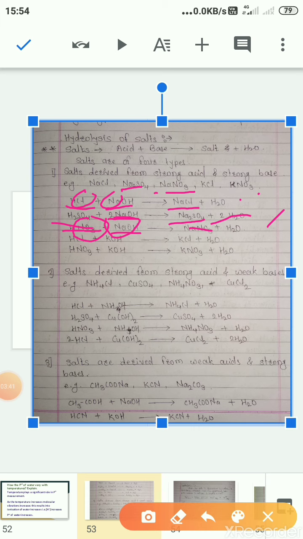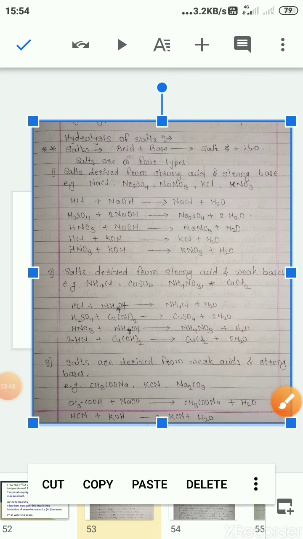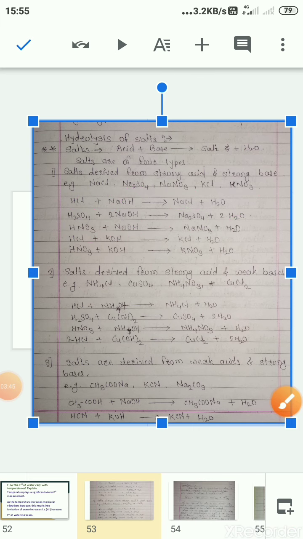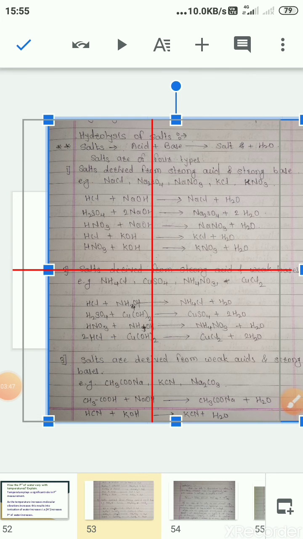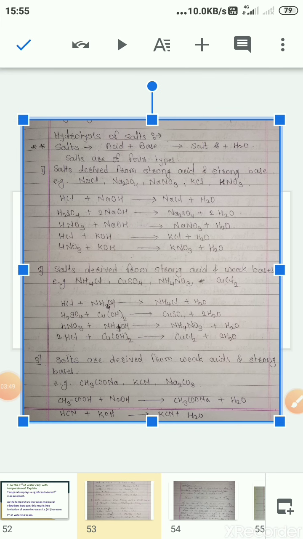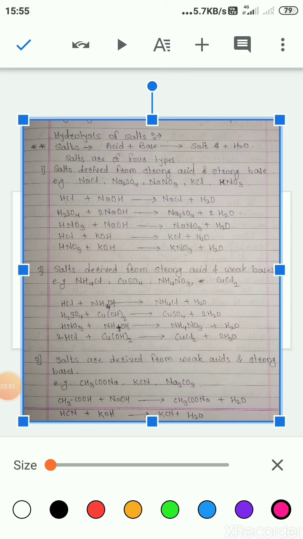In the same way, we can prepare the next salt, KCl. You can also try for the next salt, KCl. We take K from the KOH, potassium hydroxide, and Cl from the hydrochloric acid, HCl.